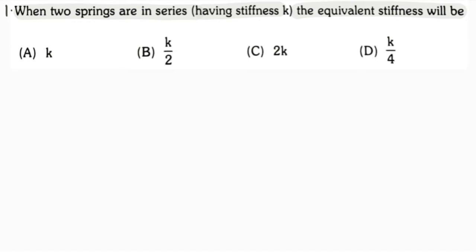The series arrangement may be like this. This is the fixture. One spring is connected like this and the other spring is connected like this. The load may be attached to the down spring like this.